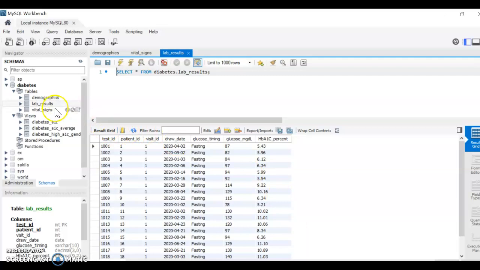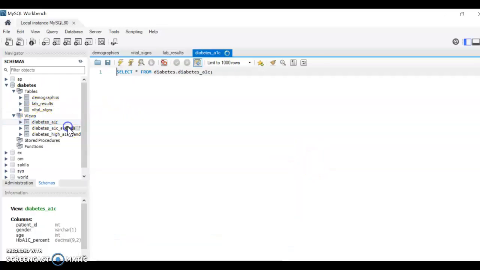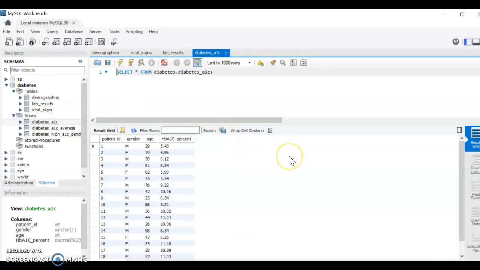Now, with these three different tables, we are able to link them through the patient ID. So if we do want to look at certain patients, maybe their gender or their demographics, their height or their weight in relation to their A1C percent, we can certainly do that. I have a couple examples of some views that we can also look at, that we can do through SQL.